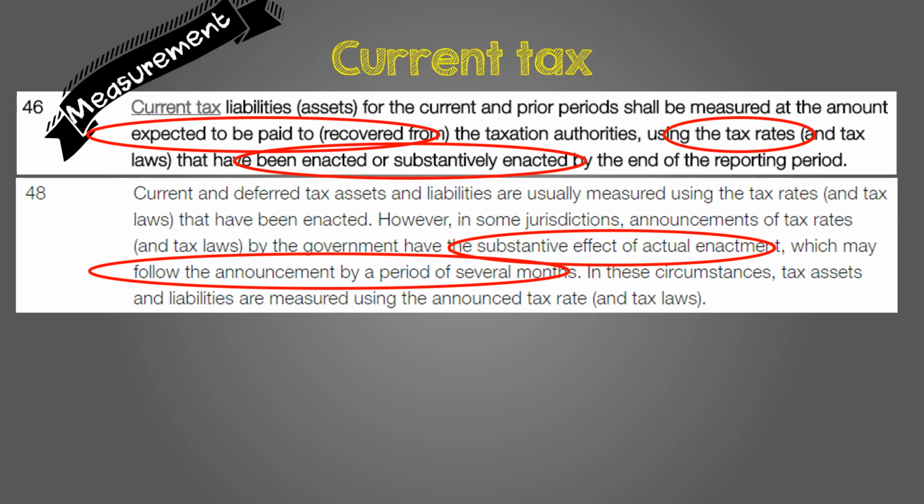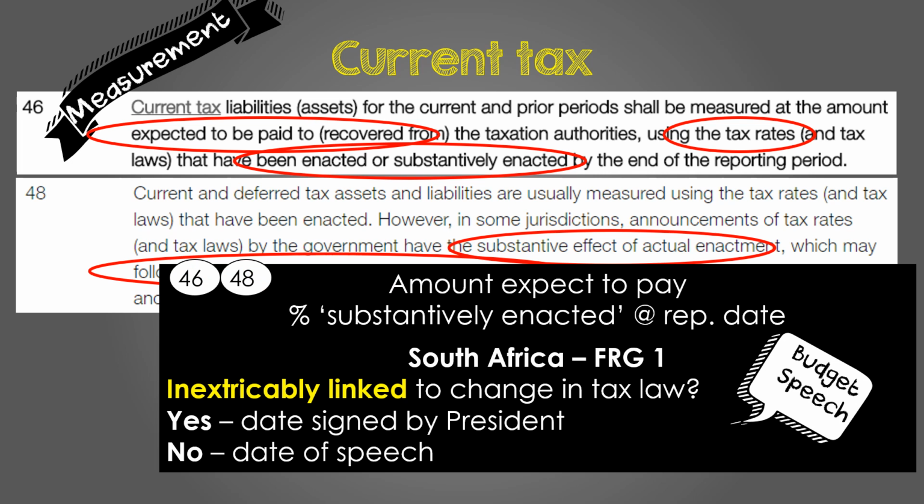In order to determine whether this announcement of a change in the tax rate is a substantive enactment of the change, SAICA has provided us with guidance in the form of the Financial Reporting Guide 1, or FRG 1.